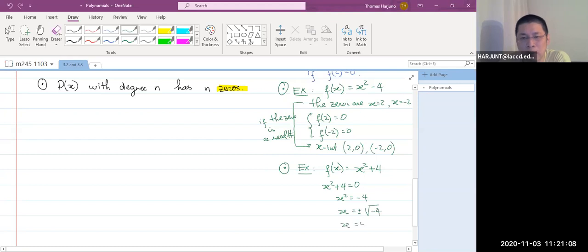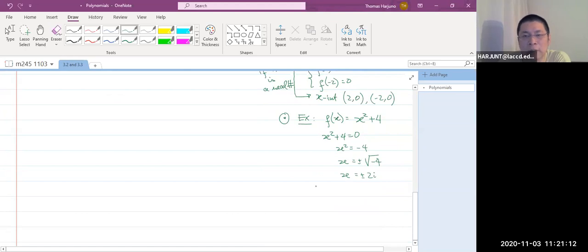That's plus or minus 2i. You see, that's an imaginary number, right? So the zeros are x equals 2i and x equals -2i. But because both of them are not real numbers, this function has no x-intercept.